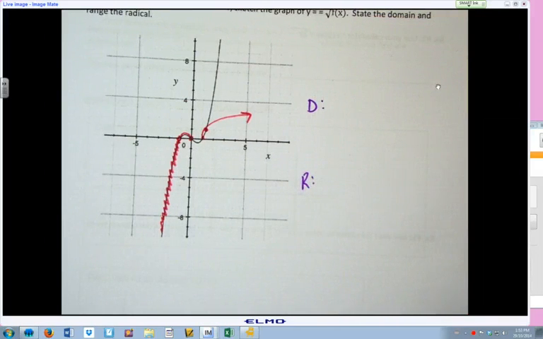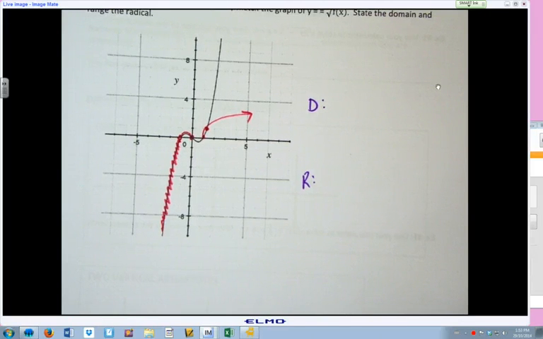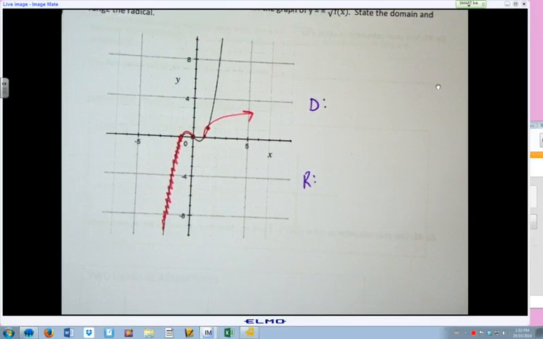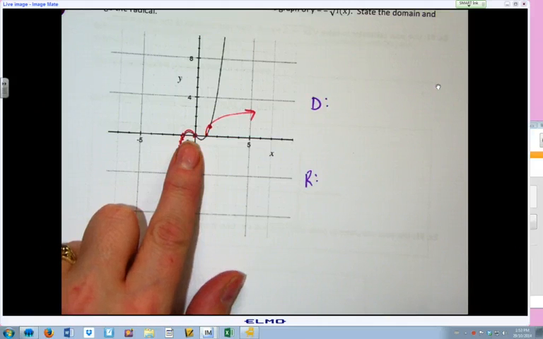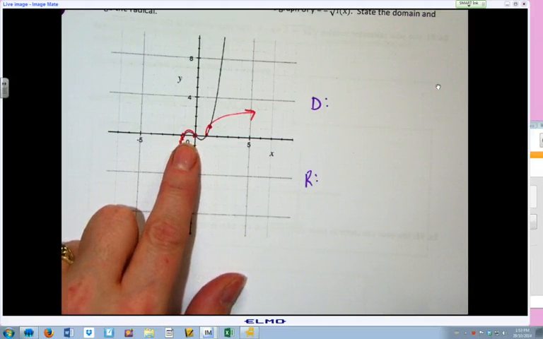Oh, you want it to be harder? Domain. One of them. Okay, well, let's do the little bump first. 0 to 1. Negative 1 to 0.